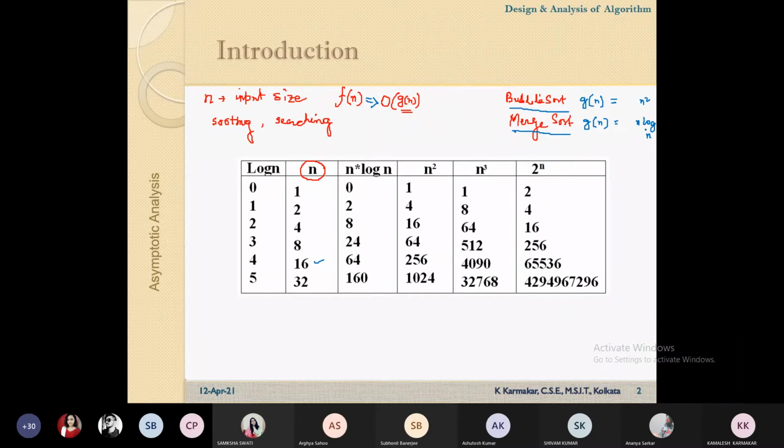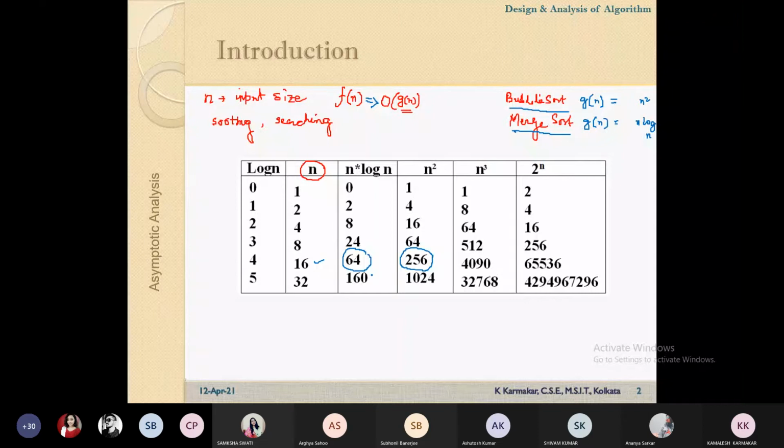It is in the form of n log n, which is 64, whereas in case of bubble sort, it's n squared. What is the value of n squared? It's 256. This is much more than merge sort. So bubble sort will take more time compared to merge sort.